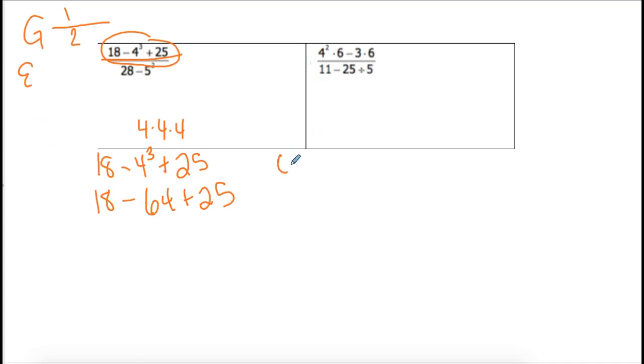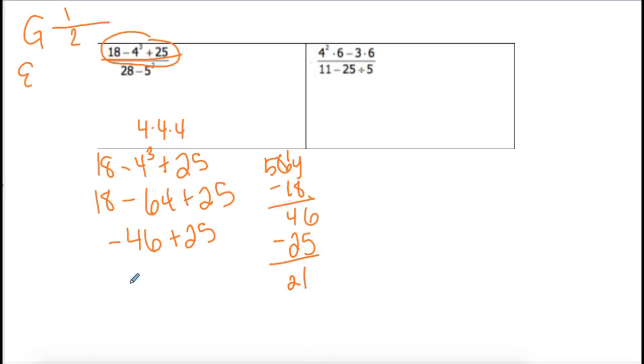Okay, and between 64 and 18, I borrow from the 6. 14 minus 8 is 6. 5 minus 1 is 4. So that would give me negative 46 plus 25. So if I owe $46 and I have $25, that means I still owe $21.